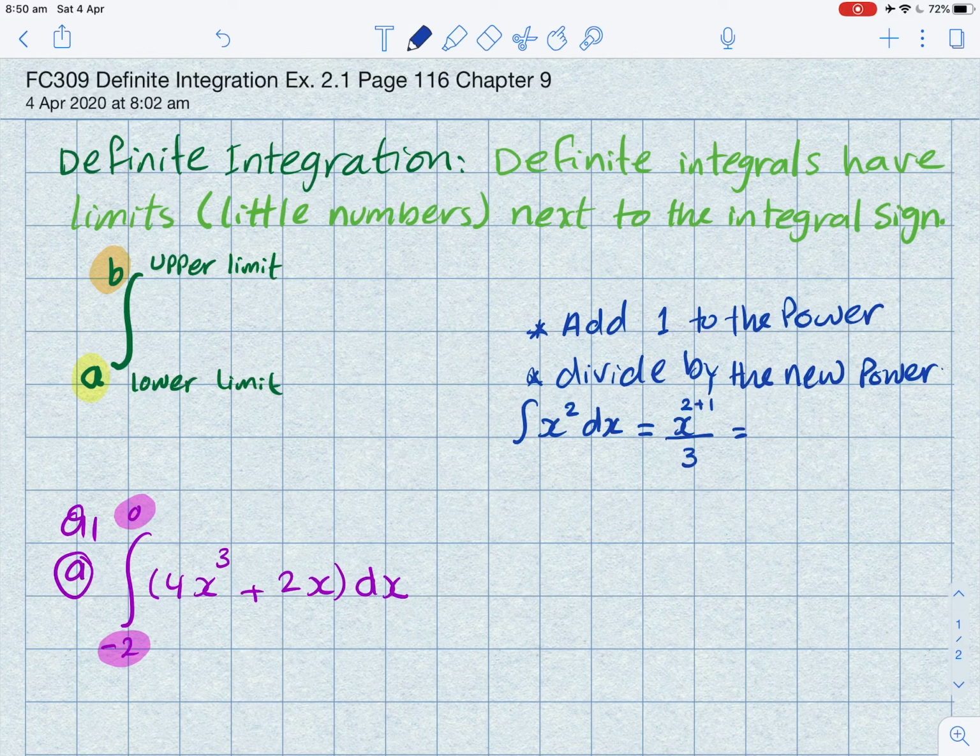It's plus c, of course, because for this specific example it's not a definite integral. I'm just telling you about the integration. So it's x to the power 3 over 3 plus c. That's a very quick, short revision of how to work out the integration.